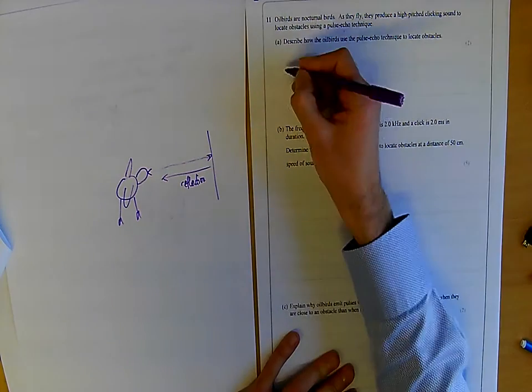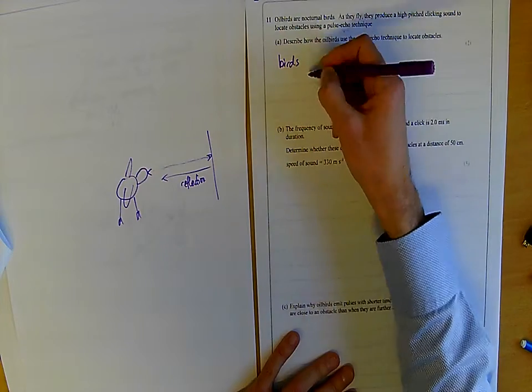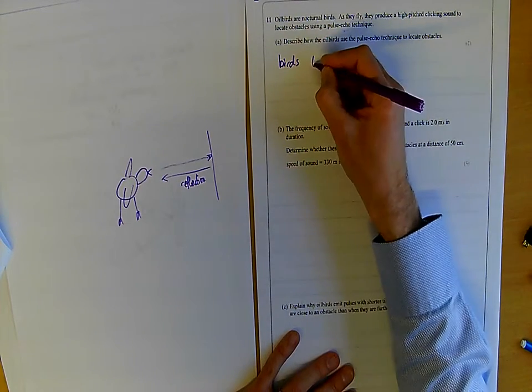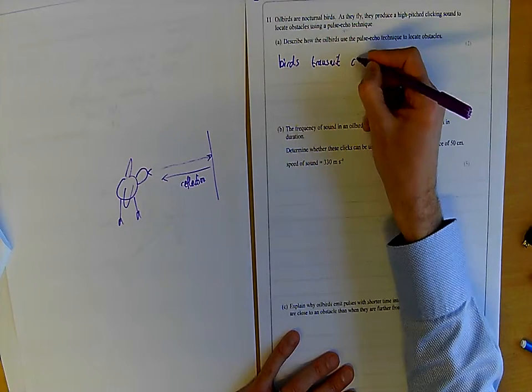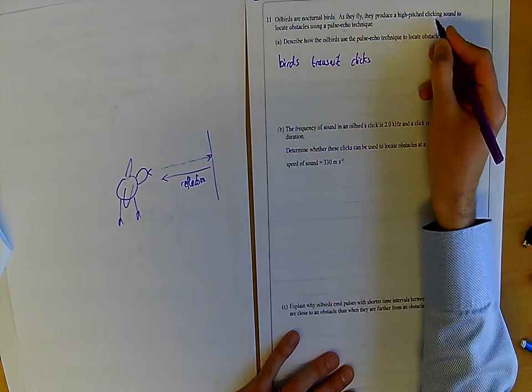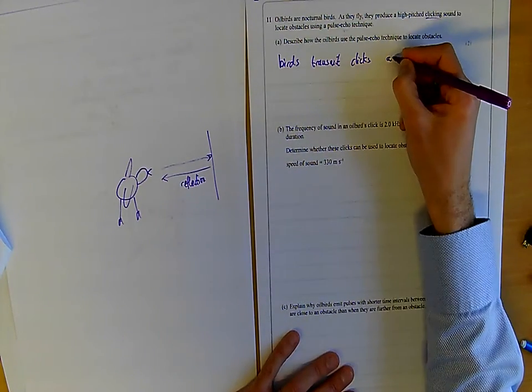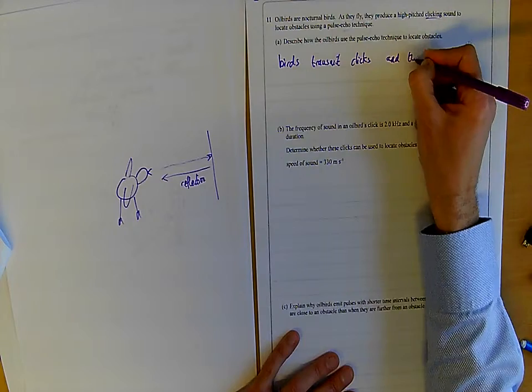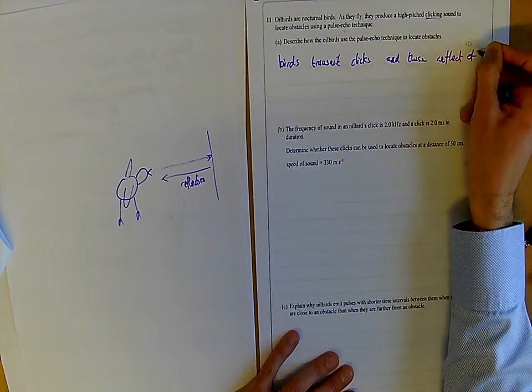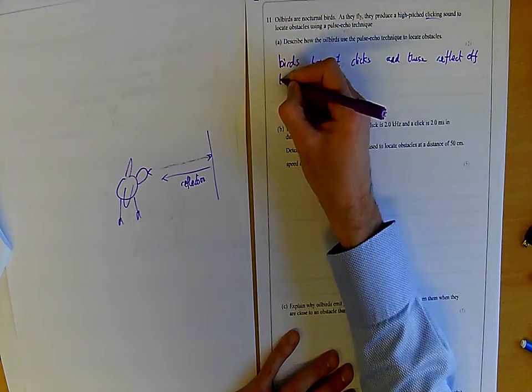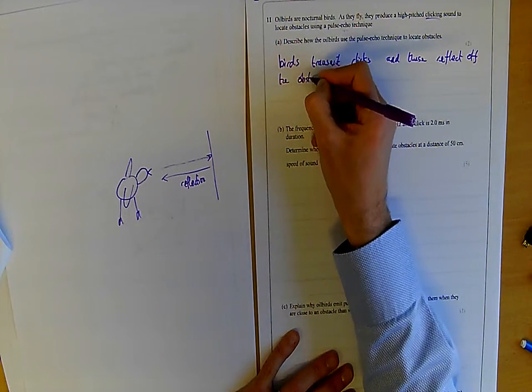So what the birds are doing, the birds transmit clicks. They transmit clicks, and these reflect off the obstacles.